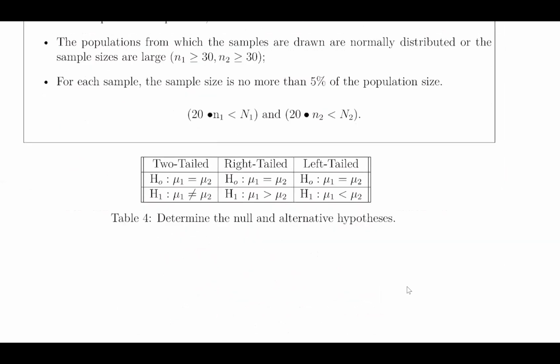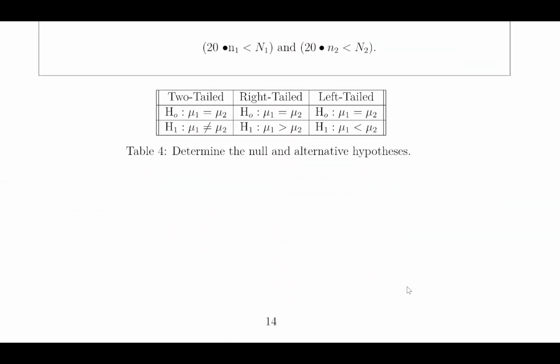All right, so let's get to the null and alternate hypothesis. The null hypothesis should always be the same. It should always be mu1 is equal to mu2, because we're saying there is no difference between population 1 and population 2. The alternative is going to be saying there is a difference, because we're going to say they're not equal to each other, that mu1 is greater than mu2, or that mu1 is less than mu2.